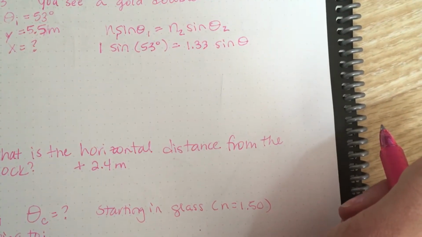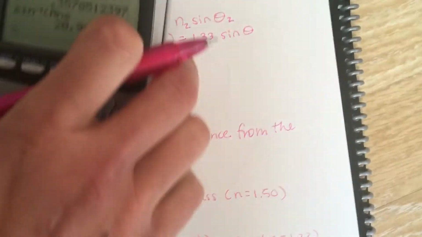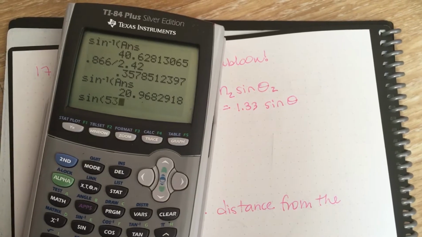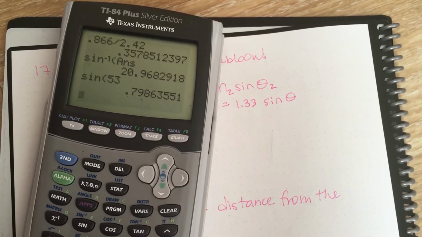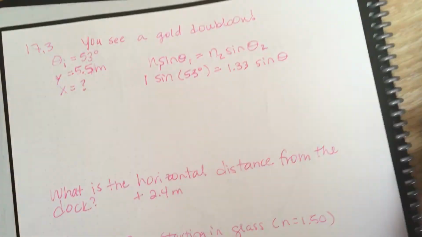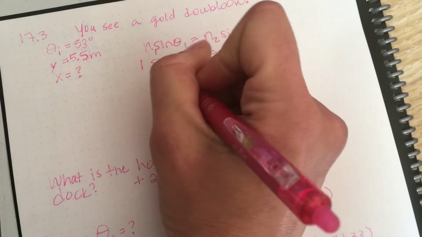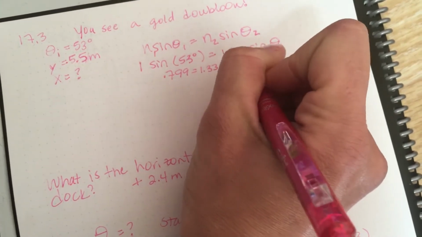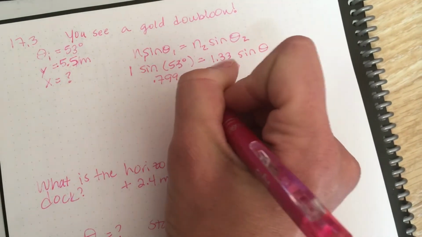So we're going to take out our calculator and figure out the sine of 53 degrees. We have 0.799. Next, we divide by that 1.33.